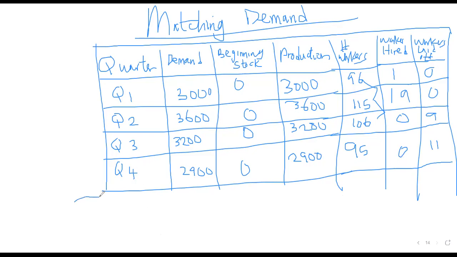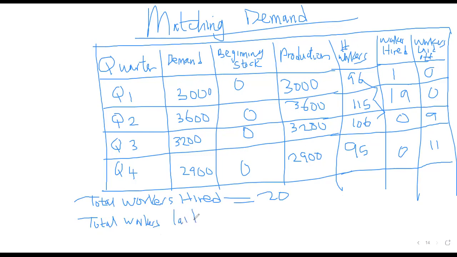So total workers hired is equal to 20. Total workers laid off is equal to 20. We can find the total cost.